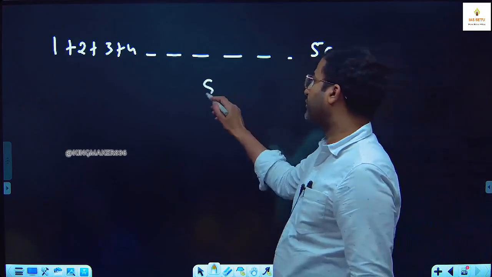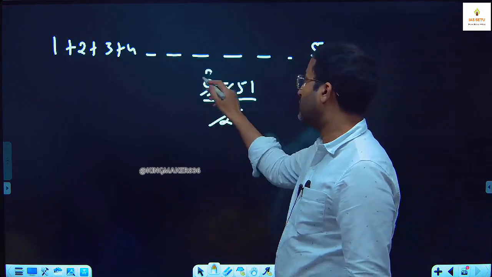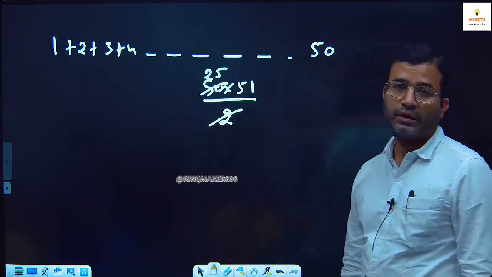So this is 50 into 51 divided by 2. This is 25 into 51. Okay.